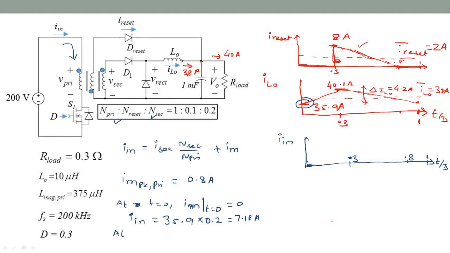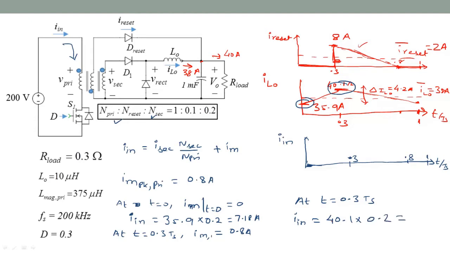Okay. Whereas at t equals 0.3 TS, we have IM equal to the IM peak, which is 0.8 amperes. Okay. So therefore In, at t equals 0.3 TS, In equals the ILO, which is 40.1 times the N secondary over N primary, which is 0.2.